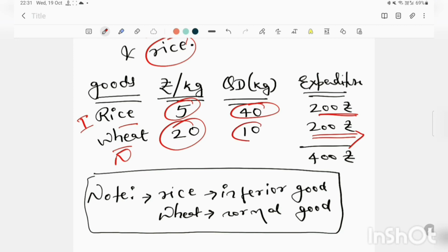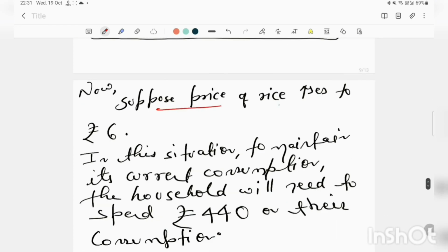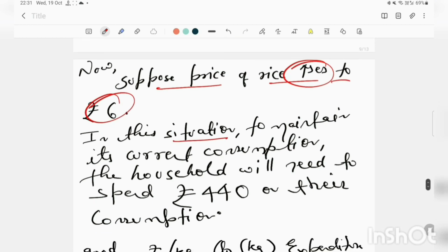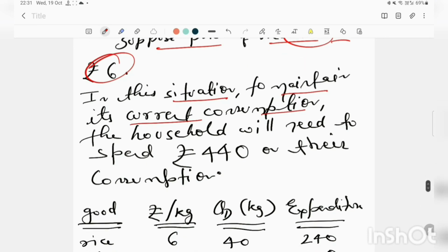where they were able to purchase only 10 kg of wheat, and they were able to consume 50 kg per month with the combination of rice and wheat. Now, suppose the price of rice increases to 6 rupees. In that situation, to maintain its current consumption, that is 50 kg, they need to pay 440 rupees.